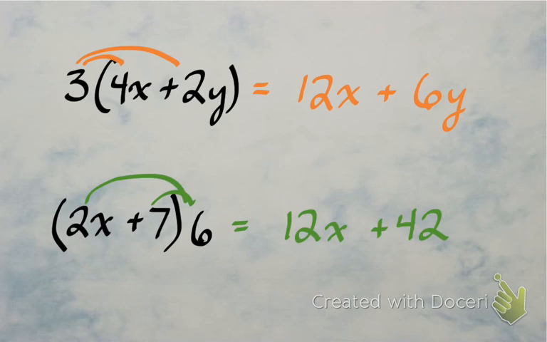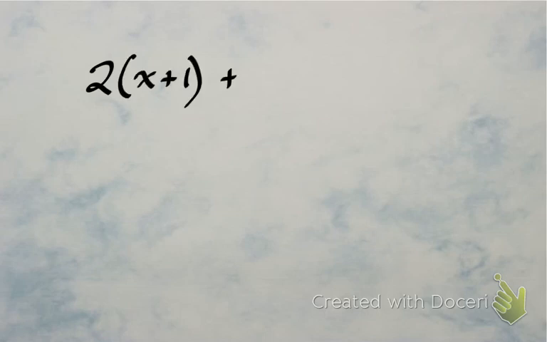All right, so hopefully that makes sense. This is just a very basic introduction to the distributive property. Where this will go from here, we'll start to add some minus signs and negatives in tomorrow, and then eventually we'll be looking at problems where this is part of a bigger expression.